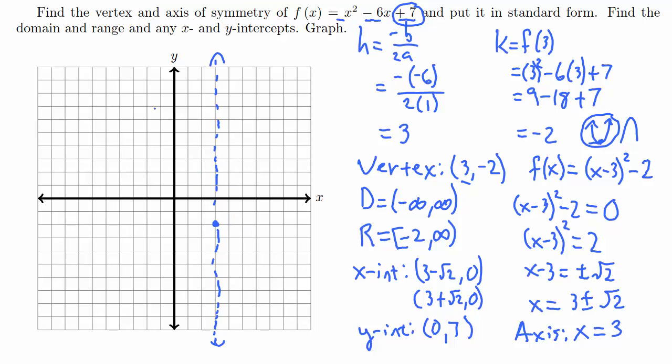Now, normally, and I'm going to draw this in a different color because this is the parent function here, the function, or at least the parent function, looks like this. There we go. Fantastic. So that's the parent one. What I want you to realize is that everything matters just from the vertex.